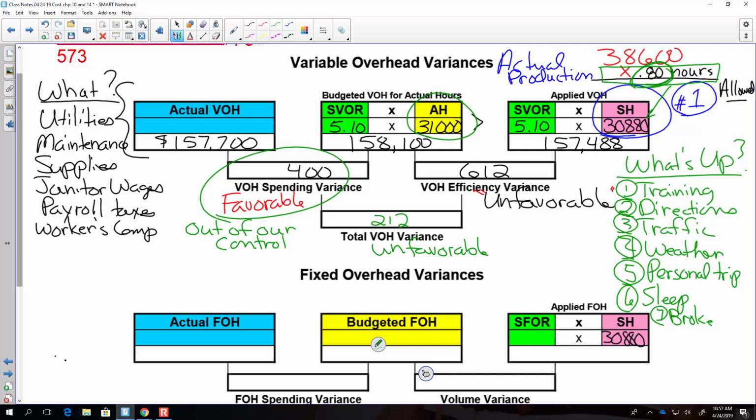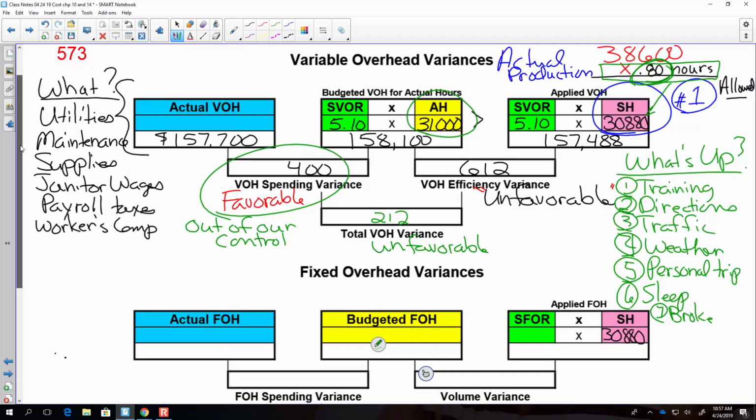But there are things that we can do, maintenance-wise, supplies-wise, where we can control some of that, how much we use. How often do we do our maintenance? Do I push it off and then I have a bigger bill later on? So that again is giving us some information of how well we are doing. So always important to look at.